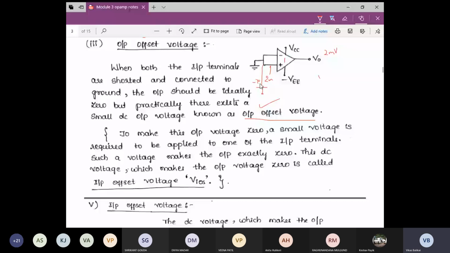This way I'm nullifying the impact of the extra, distorted or unwanted input signal that is arising from nowhere. So the extra input voltage that I applied is your input offset voltage.